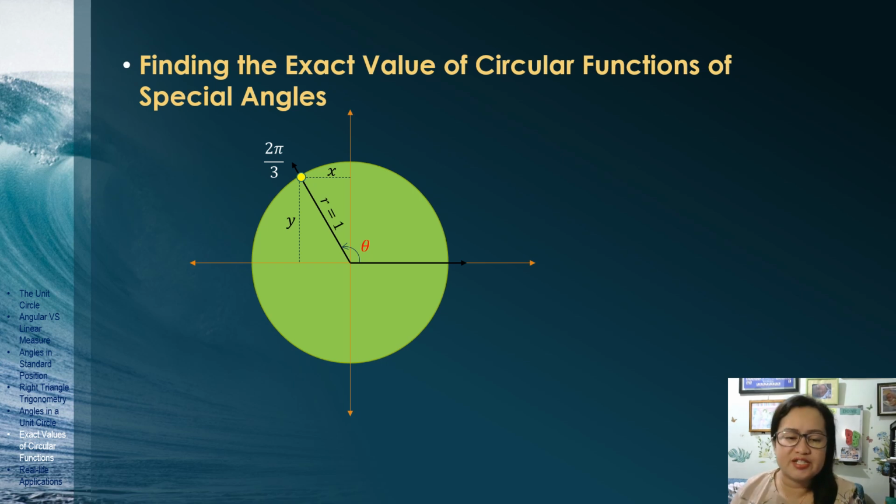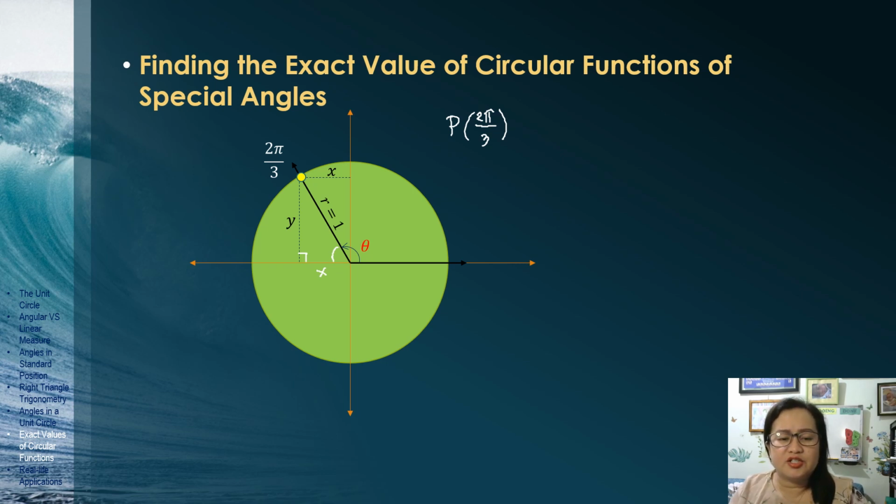Let's have another example. So let's say we have 2 pi over 3. We are asked to get the trigonometric point that is equivalent to 2 pi over 3. In this case, we use a reference angle. So we drop a vertical line that is perpendicular to the x-axis. So this is x, and we find the measure of this angle.